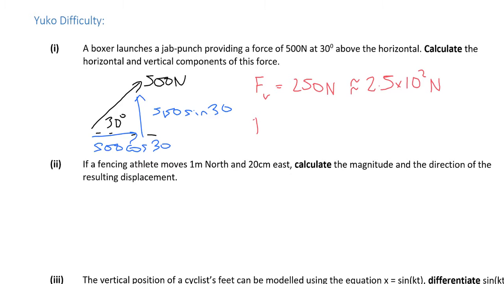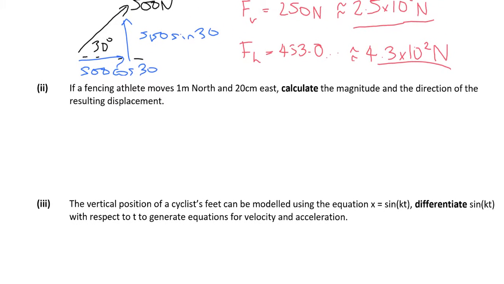And the horizontal component is going to be cosine of 30, which is root 3 over 2, times 500, gives you 433.0 blah blah blah, which is roughly 4.3 times 10 to the 2 newtons there. Alright, so we've got our two components of the force. So let's move on to the next one.